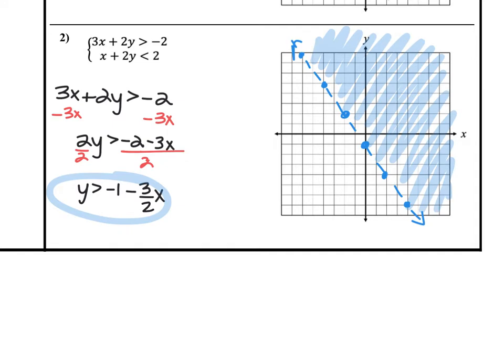All right, let's do the next one. X plus 2y is less than 2. First thing we do is move the x term. So I will subtract x. And remember, this is just 1x. Okay.